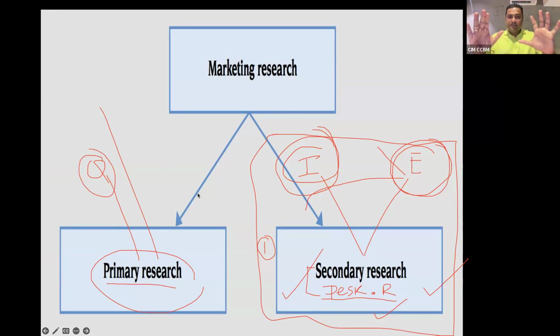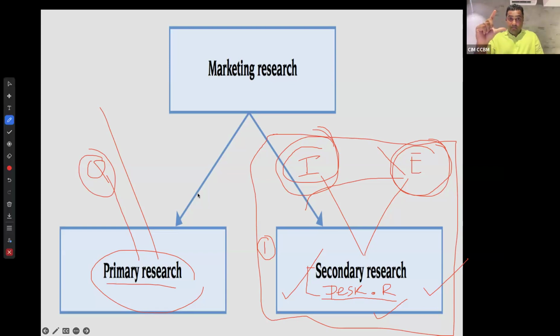What is the difference? Marketing research has first a problem that you're trying to solve, a research problem. And usually you can solve most problems with desk research, sitting on a desk, looking at data, either internal data or external data. And there are sometimes you can't solve the problem using desk research, sitting on a desk. Internal data is not enough. External data won't solve the problem.